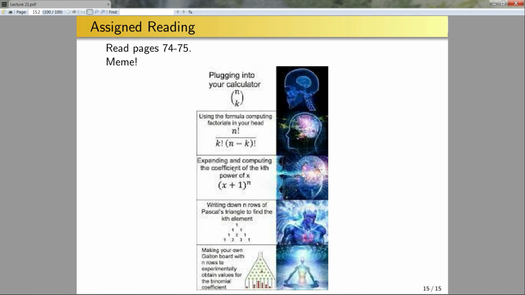Explicitly, if I have (x + 1)^n, then n choose k will be the coefficient of x to the k. Or you could write down the n rows of Pascal's triangle to find the kth element. Just write that out and do it. Or finally, making your own Galton board with n rows to experimentally obtain values for the binomial coefficients.